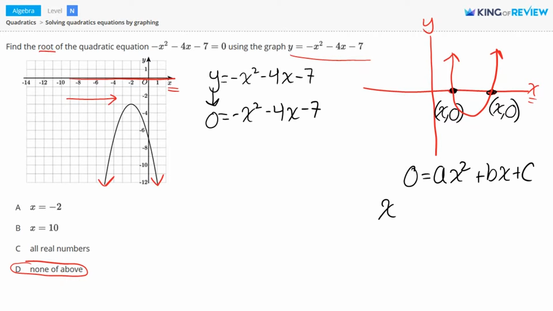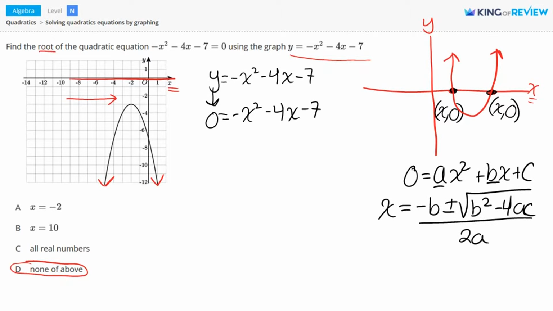The quadratic equation is x equals negative b plus or minus the square root of b squared minus 4ac, all divided by 2a. The a, b, and c values come from these numbers here. So our a value equals negative 1, our b value equals negative 4, and our c value equals negative 7.